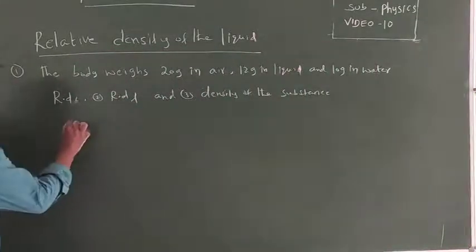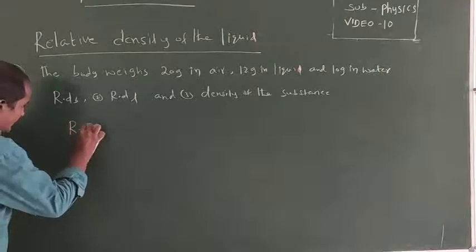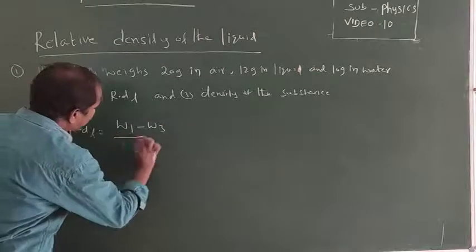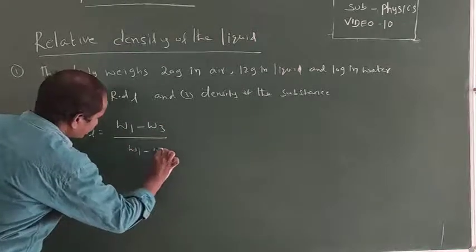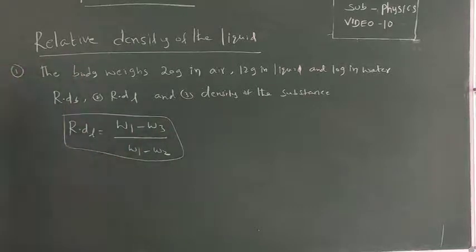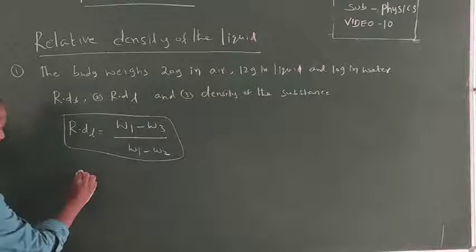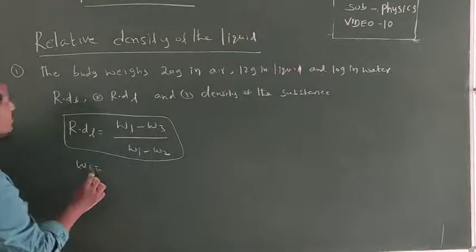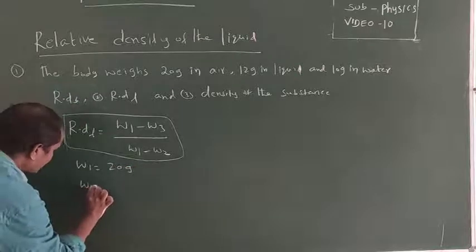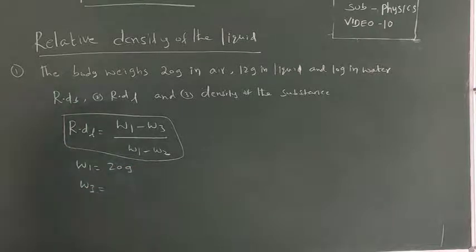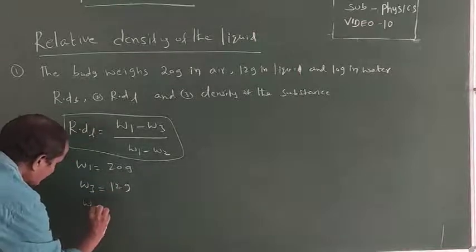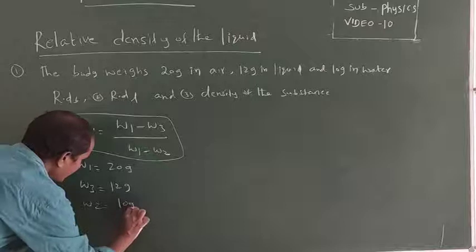So we know that relative density of the liquid equal to W1 minus W3 by W1 minus W2. It is the formula to find the relative density of the liquid. So here W1 is given, that equal to 20 grams. W3 is given, that equal to 12 grams. Next W2 is given, that equal to 10 grams.